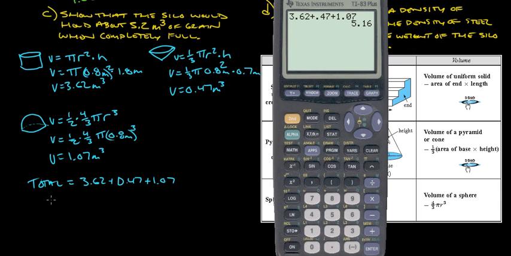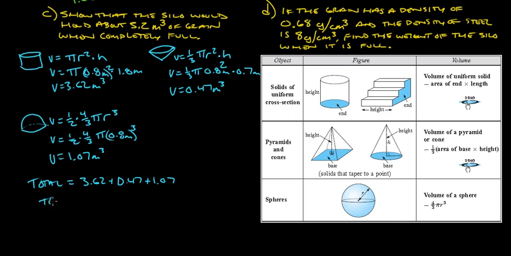And we get 5.16. Oops, sorry. 5.16. Which rounds to 5.2 meters cubed. So, yay, we got that one right too.